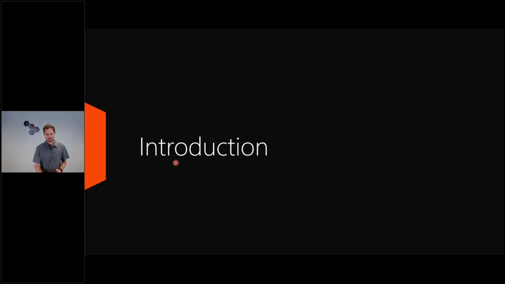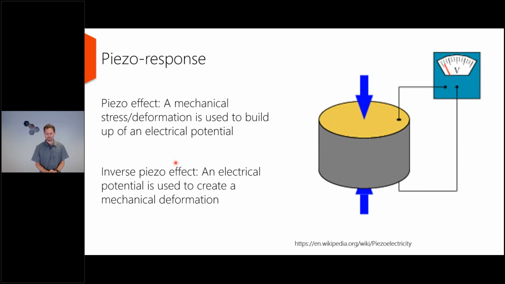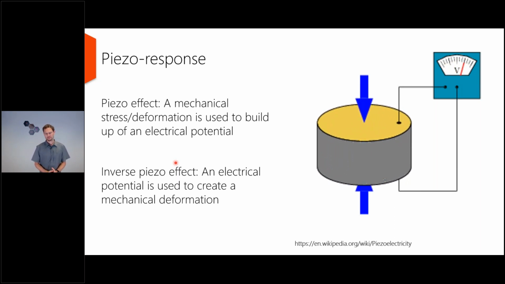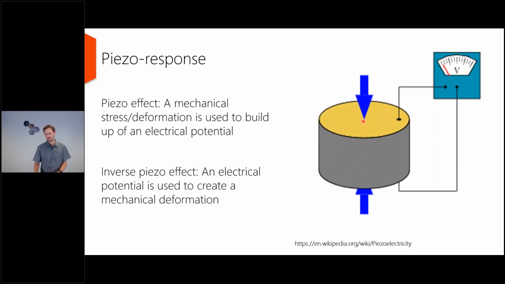Now let me start with a short introduction about PFM. I guess most of you might know it, but for those who don't, here is a short introduction. Piezo response is related to the piezo effect, and the piezo effect is if you apply a mechanical stress, here denoted by the blue arrows, on a sample, this sample can create a voltage which one can measure.